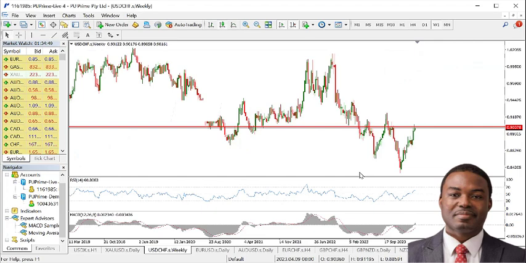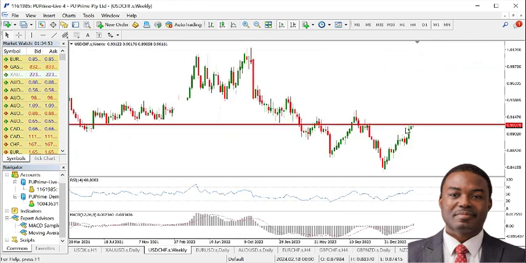So next, I'm looking at the USD CHF. Now for the USD CHF, price also closed at the end of last week at a resistance level with a rejection candle there, which could lead to a bearish breakout. That's on the weekly time frame.